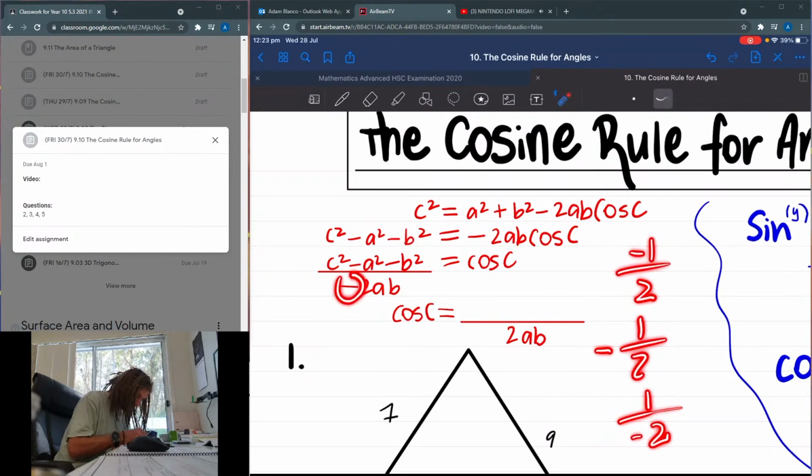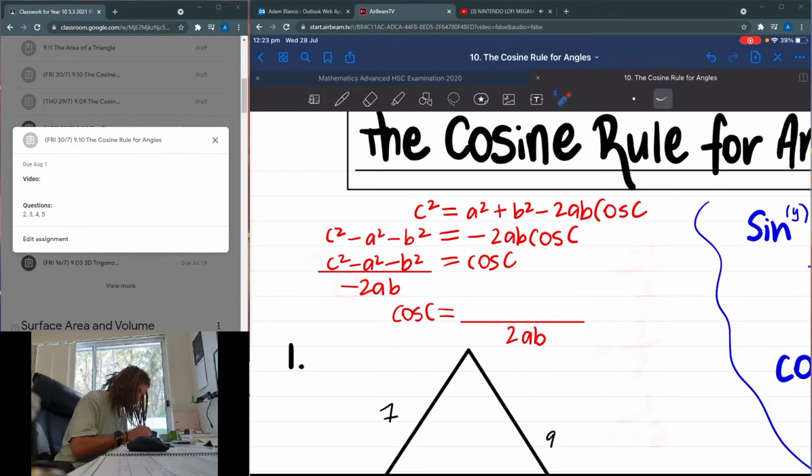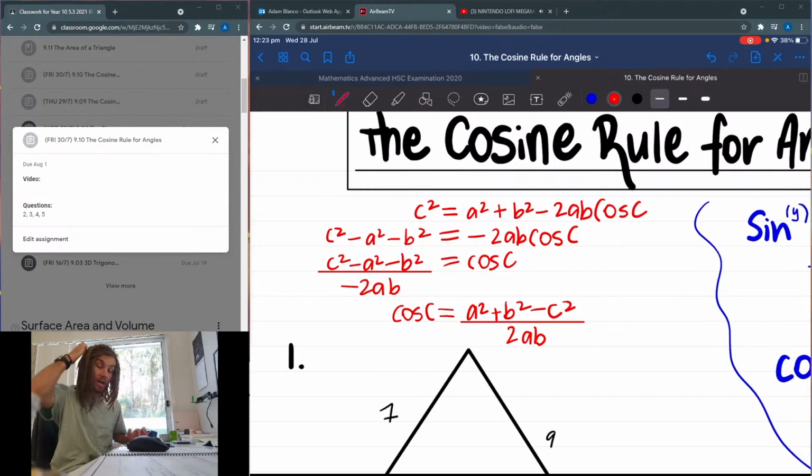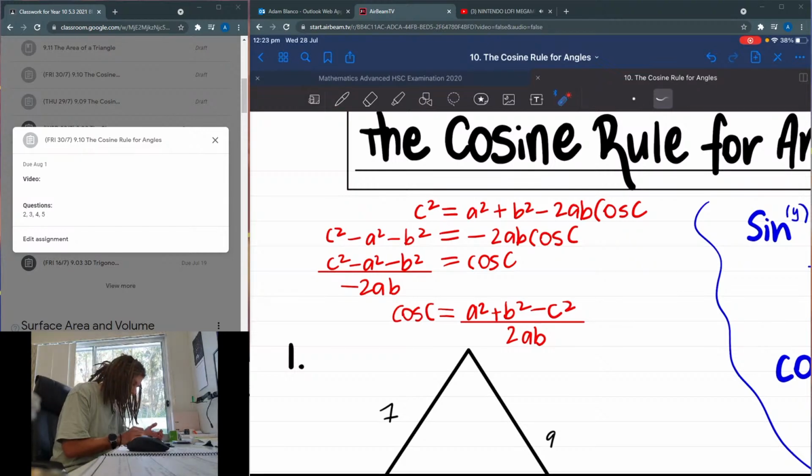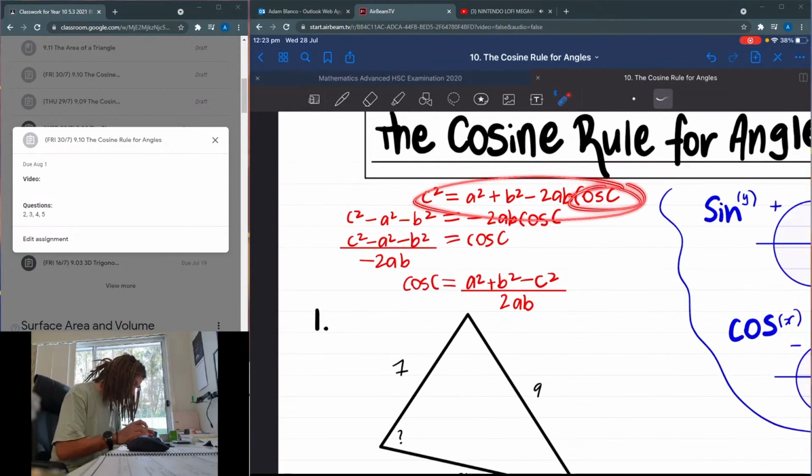So I'm just going to get this minus and put it up here, which is going to change all these signs. So that's going to be positive, that's going to be positive, that's going to be negative. So positive, positive, negative. And that's the cosine rule for angles. So you don't have to remember both of them, you just need to remember how to rearrange it if you wanted to use it to find an angle.